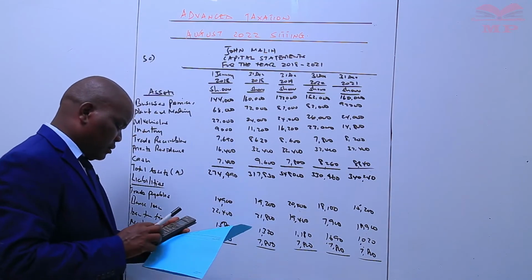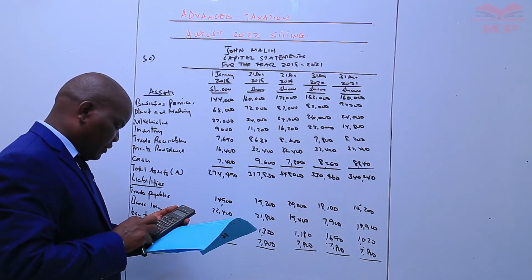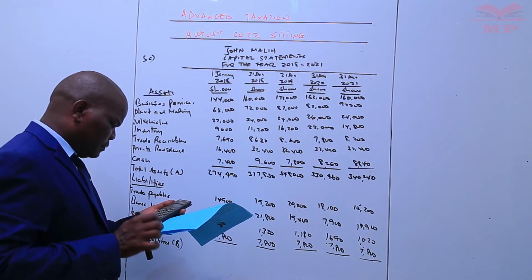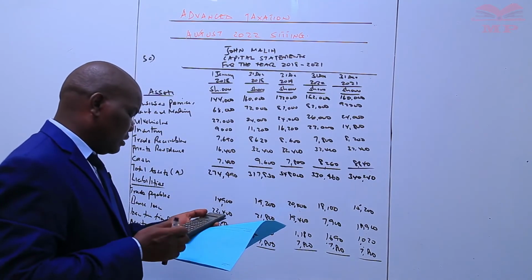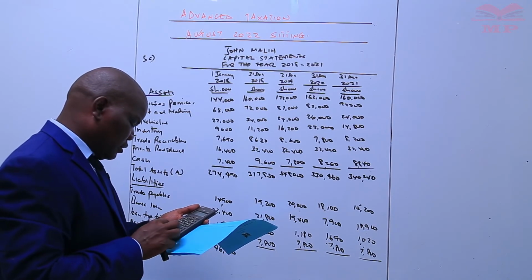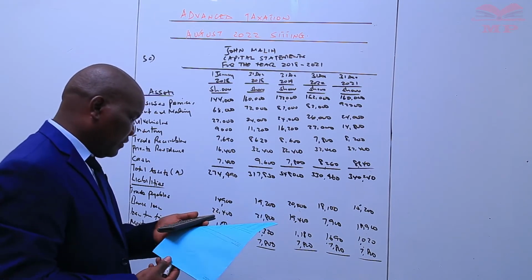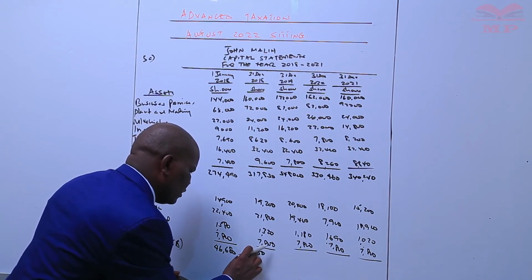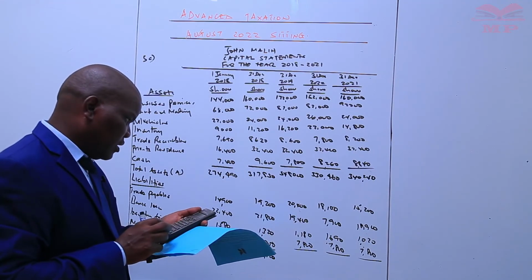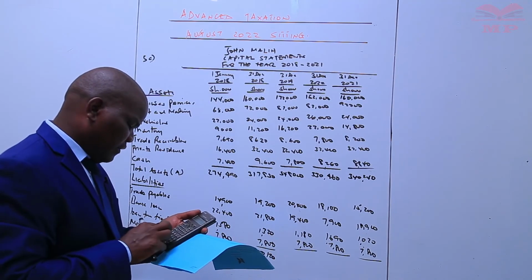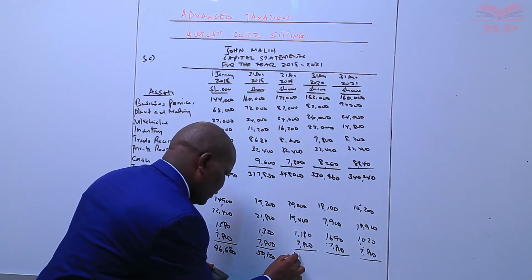So we move together. Here, 2018 January, we have 14,900, 22,400, 1,580, and 7,800. I'm getting 46,680. Next, 19,200, 21,800, 1,320, and 7,800. I get 50,120. Next, 20,400, 19,400, 1,180, and 7,800. I get 48,780.